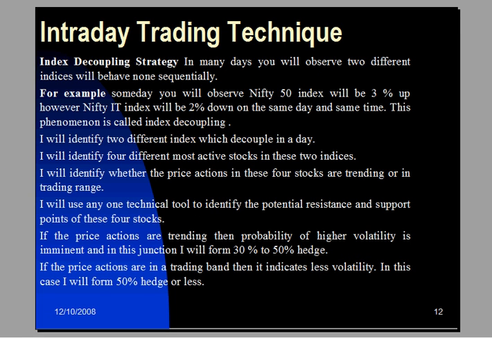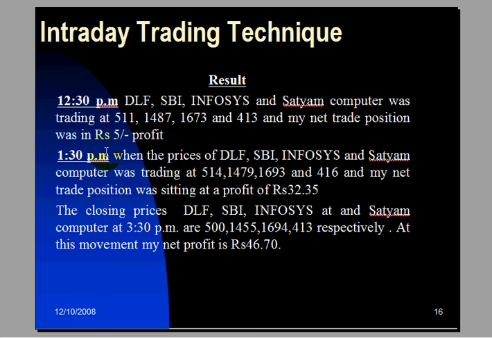After 1:30, if you observe, the IT index was positive, maintaining the same positive territory, and Nifty also entered the positive zone. This decoupling phenomenon which existed at around 11:30 disappeared at around 1:30.